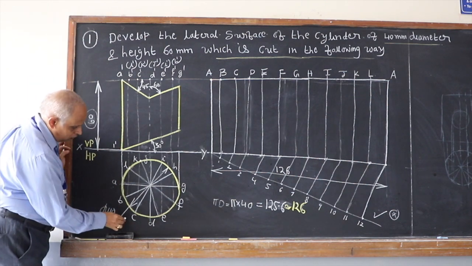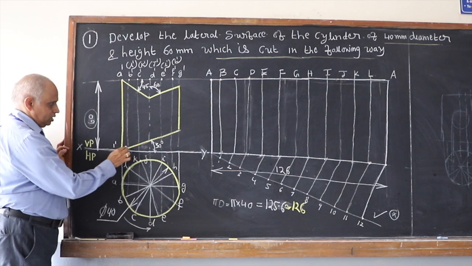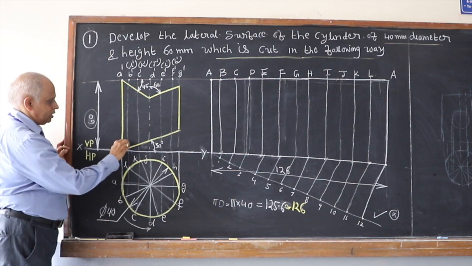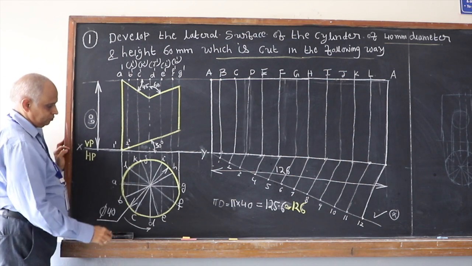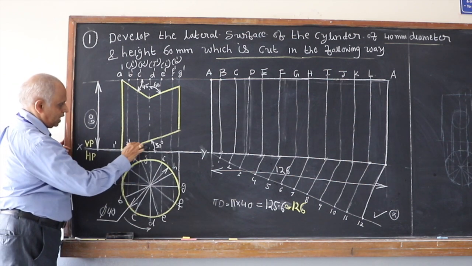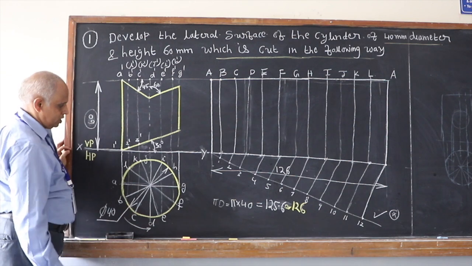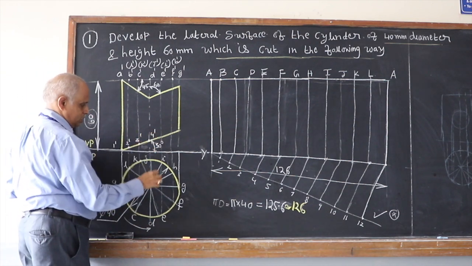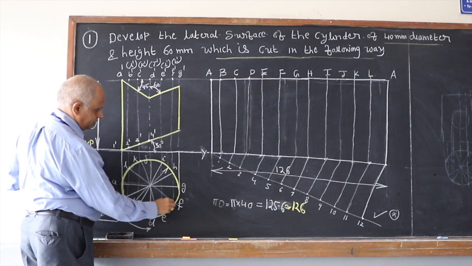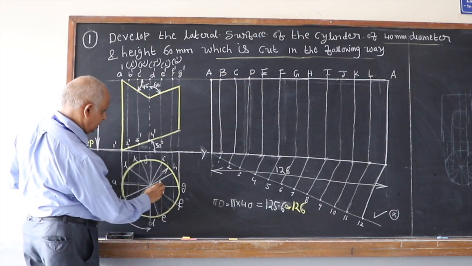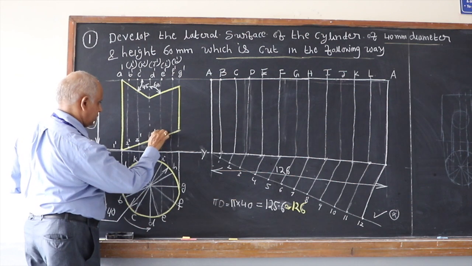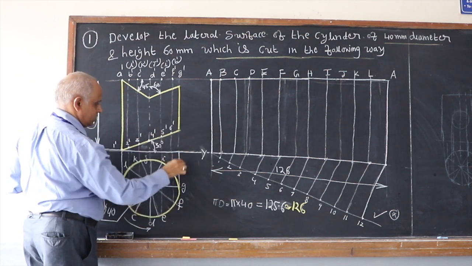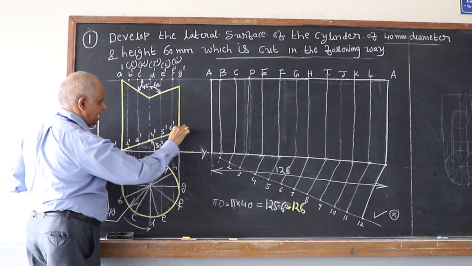Now as you move along this direction, it cuts the generator BB1 at section point 2 dash, generator through C at section point 3 dash, generator through D at section point 4 dash, generator through E at section point 5 dash, through F 6 dash, through G 7 dash.